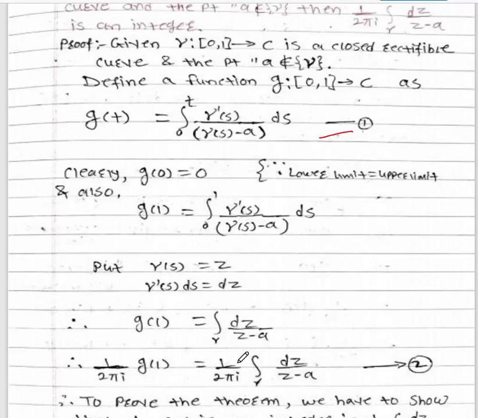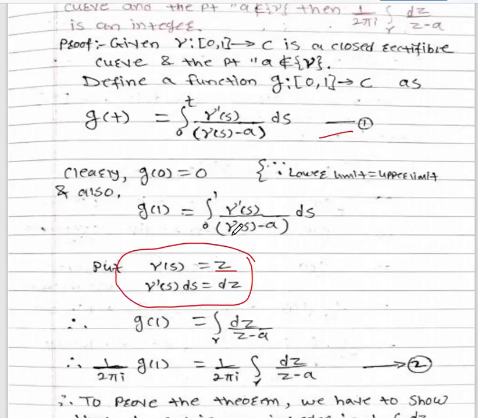Now we will put gamma of s equal to z. Differentiating, gamma dash of s ds equal to dz. We will put this in our equation. In this equation we get g of 1 equal to the integral over curve gamma of dz upon z minus a, where z moves along the curve gamma.